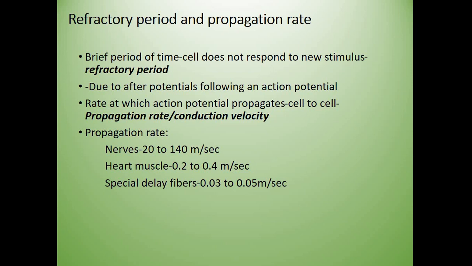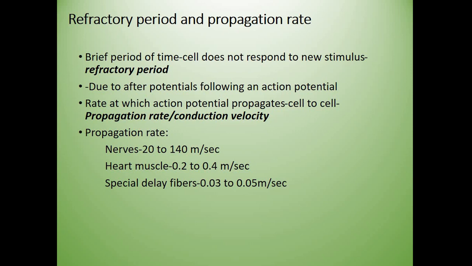And one more aspect which has to be understood about the action potential is the rate at which the action potentials propagate from cell to cell. This is known as the propagation rate or the conduction velocity. Now the propagation rate is different for different types of cells.